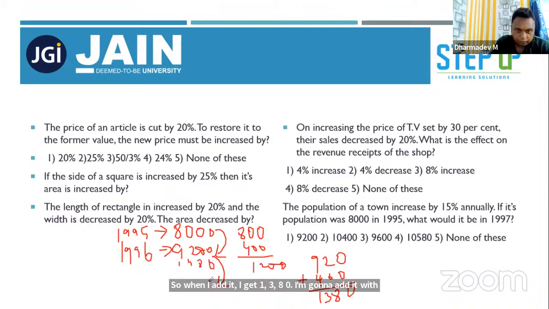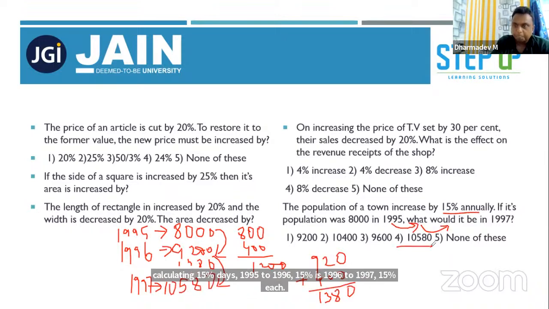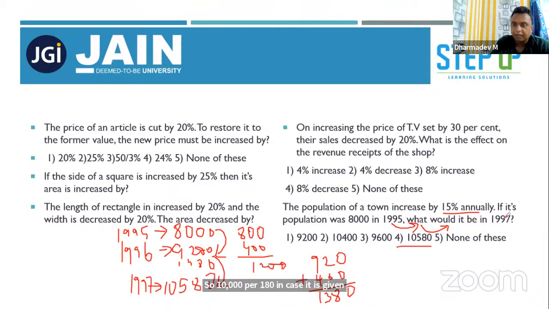So I get 10,580. So population increased annually means every year I'm calculating 15%. 1995 to 1996, 15%. 1996 to 1997, 15%. So 10,580. In case it is given 1998, then again I'll find for another 15%.